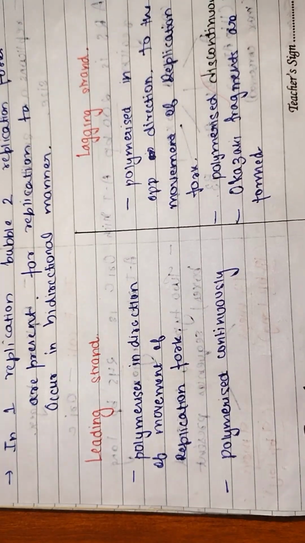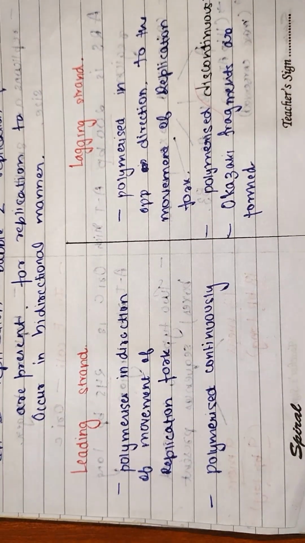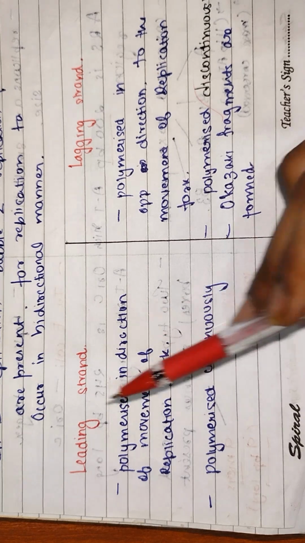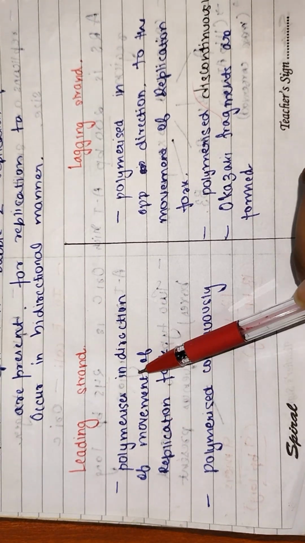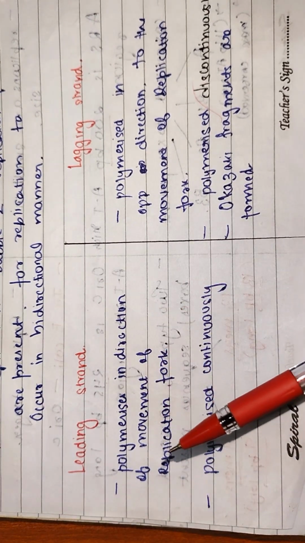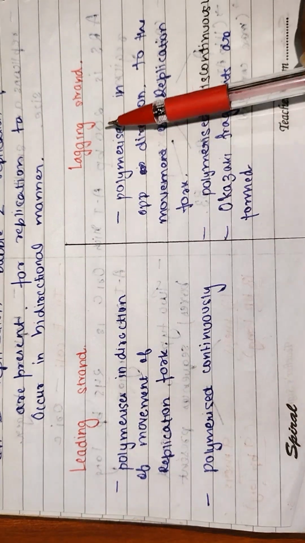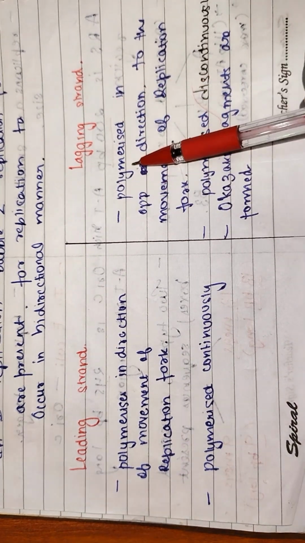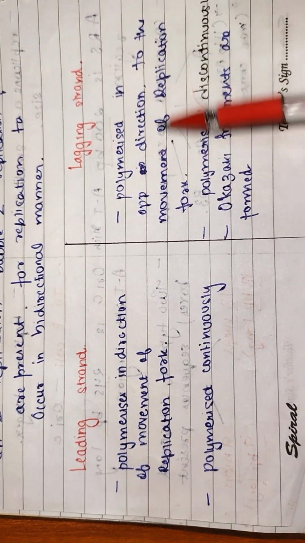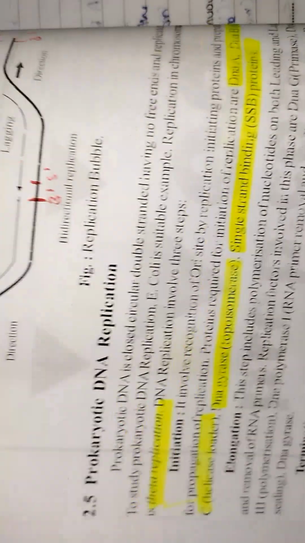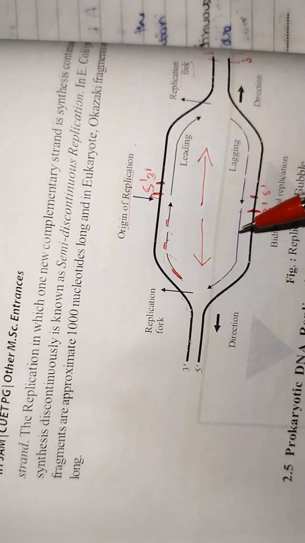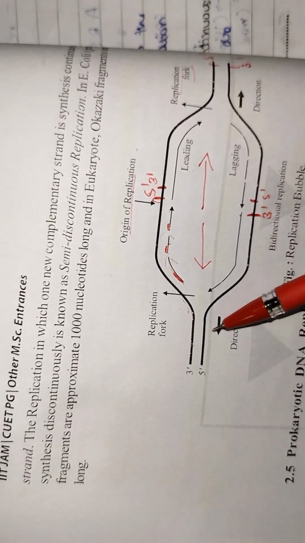Now, what is the difference between the leading and lagging strand? The leading strand polymerizes in the direction of the movement of the replication fork, whereas the lagging strand is polymerized in the opposite direction to the movement of the replication fork. Here we can see that the leading strand is synthesized in the direction of the replication fork.